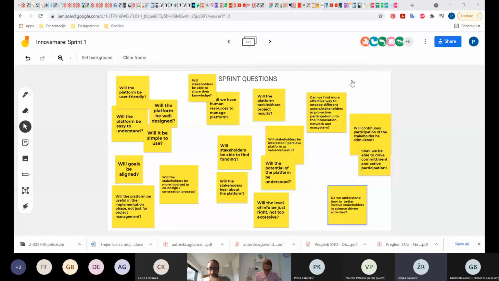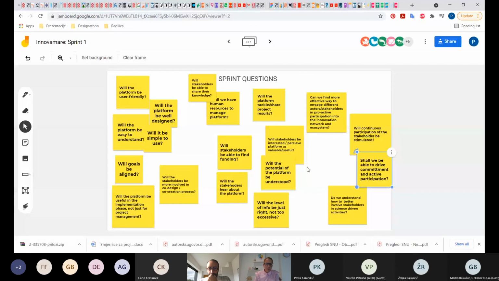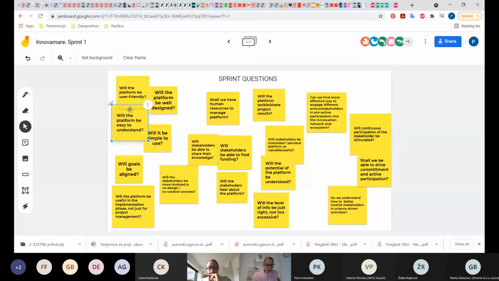Okay, regarding the questions, if anything comes up at any time, and also during the interviews, we can easily add. As I mentioned, it's still a live document, but I think we have quite a number of questions. So just shortly, one group is about the user friendliness of the platform: the design, easy to understand and simple to use. Will goals be aligned?